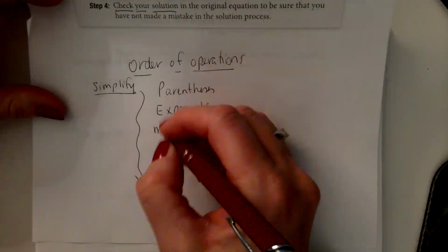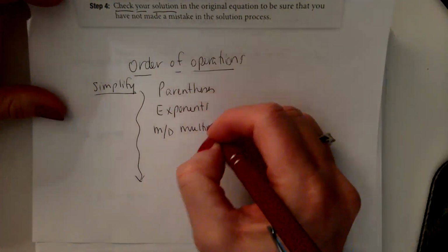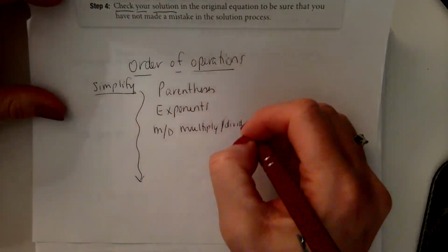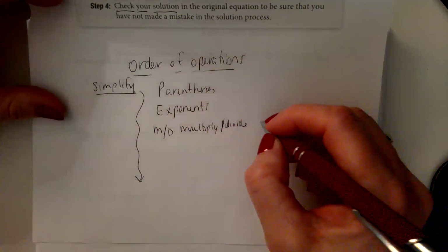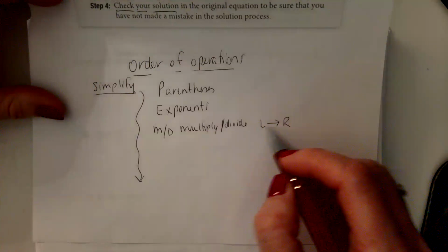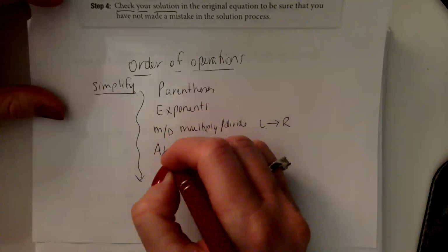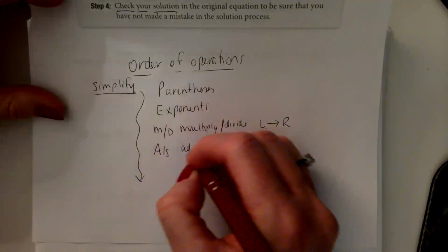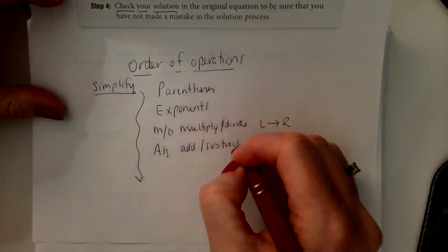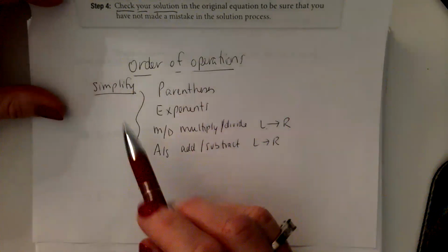And then we have M and D go together because that means we multiply and divide, left to right. They have the same strength, but whatever comes first, left to right, you do first as far as multiply and divide. And then add and subtract are similar. Whatever comes first, left to right, you take care of.